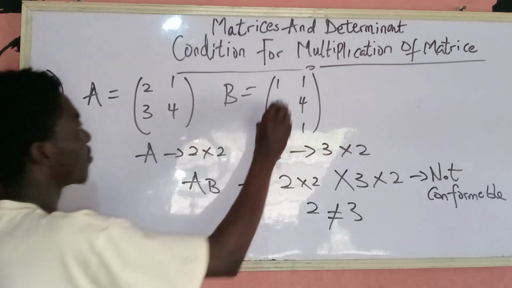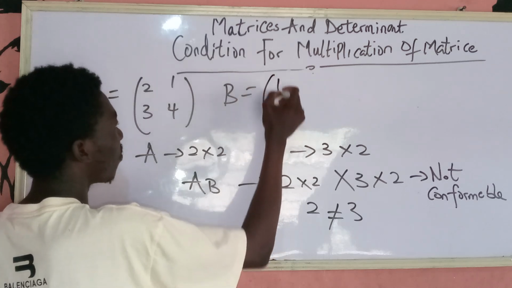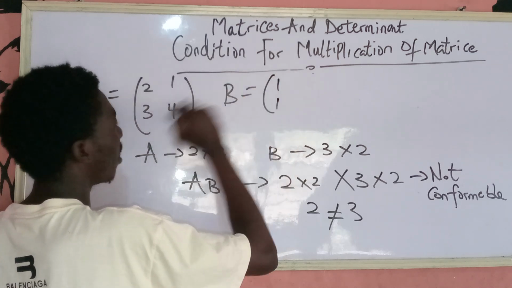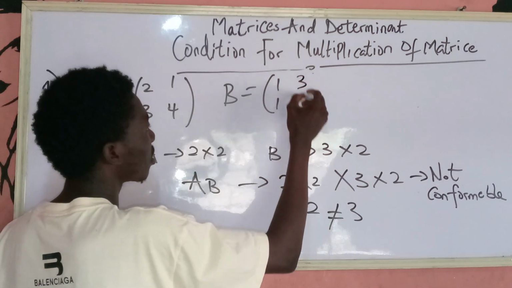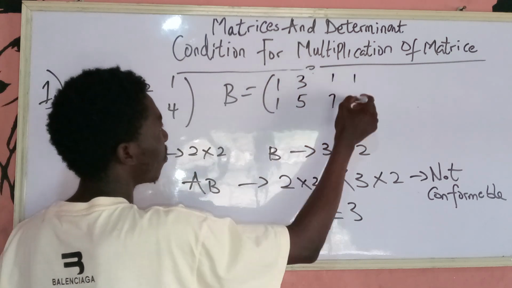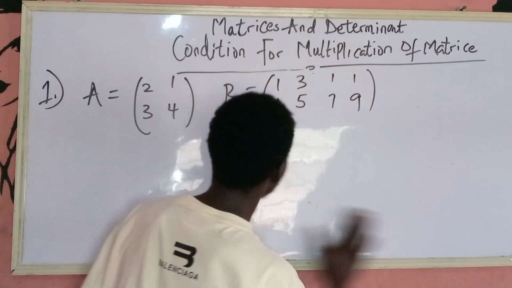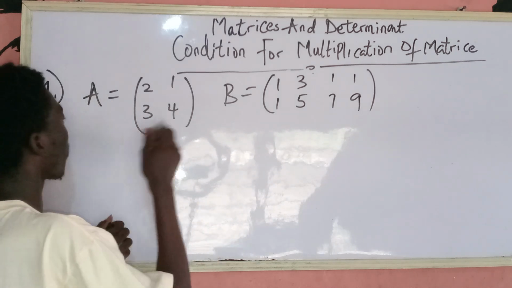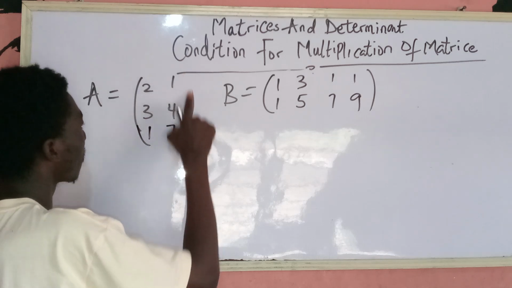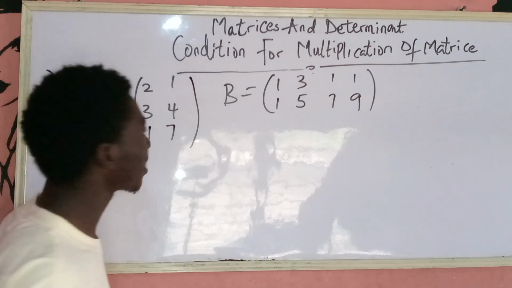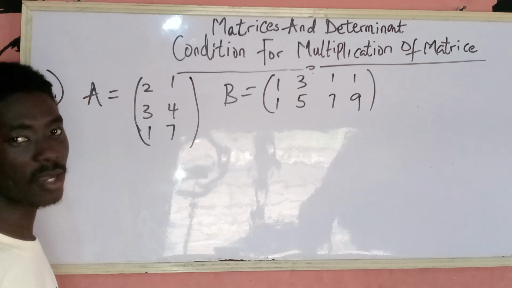So let's take another example. Let's assume I have 1, 1, and we have 2 columns here. 3, 5, 1, 7, 1, 9. Let's check this out. How do you check if this is possible?